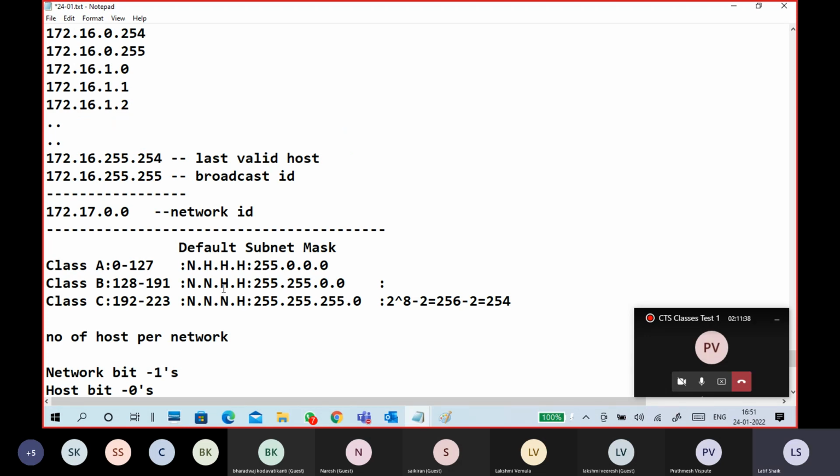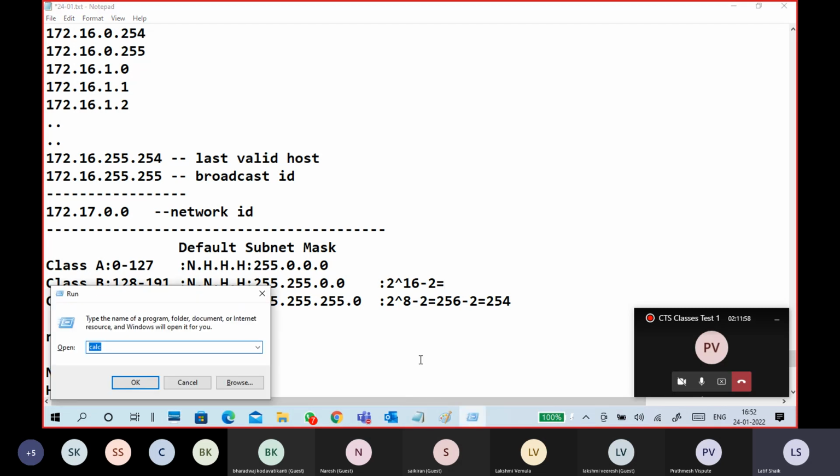Same goes here. Here the number of host portions is 2, which means each is 8 bits. Now how many bits are there? 8 plus 8, 16. Very good. Minus 2 because of network ID and broadcast ID.